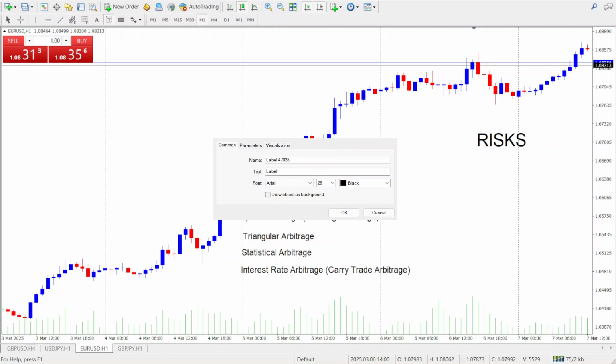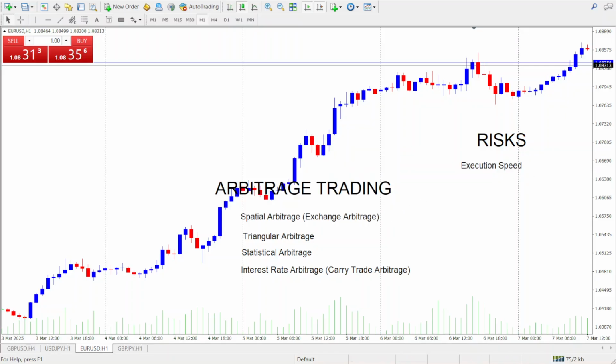Execution speed is a major risk. Price discrepancies do not last long. So if your trade execution is too slow, the opportunity might be gone before you complete the trade. So using a low latency trading platform and automated systems can help.